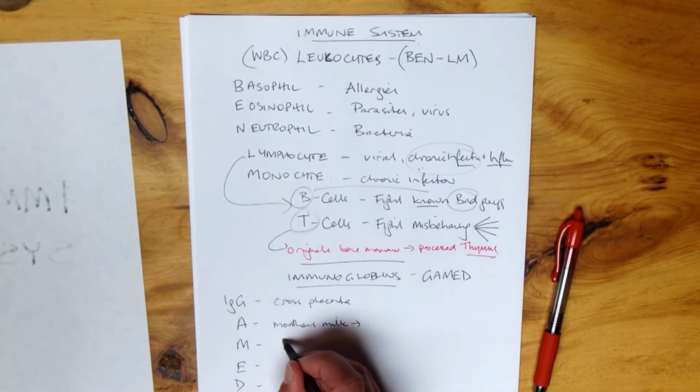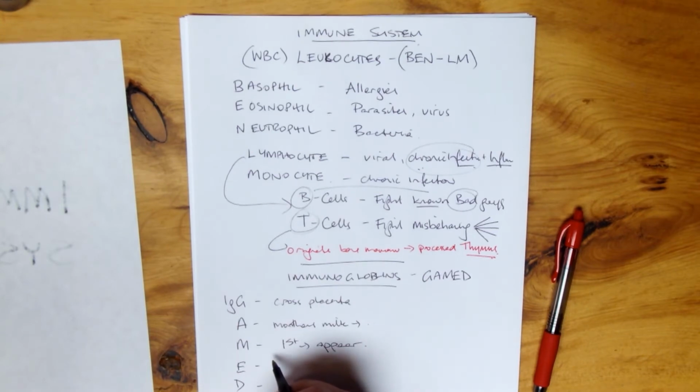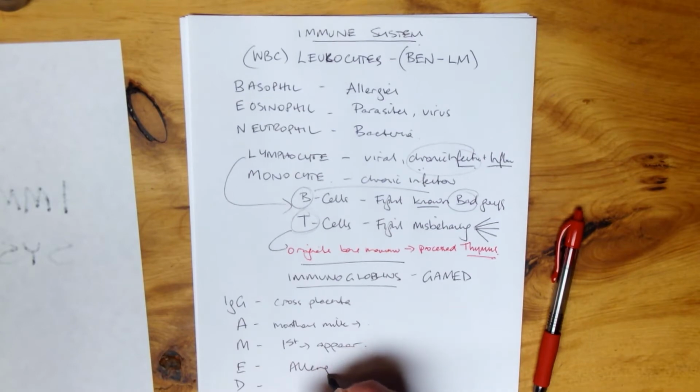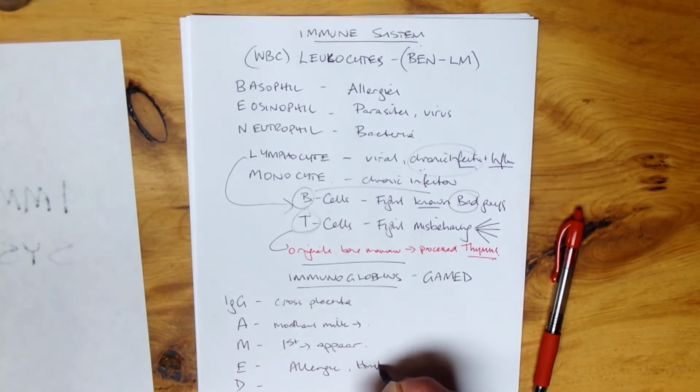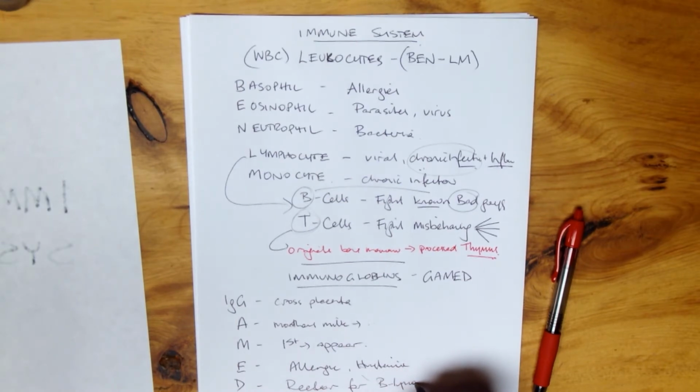M is the first. Think about the first to appear when we get a problem, right? E, think allergic, and the histamine reactions, right? And D, you just think of it as a receptor for, there's less known about that, but a receptor for B lymphocytes, not leukocytes, lymphocytes.